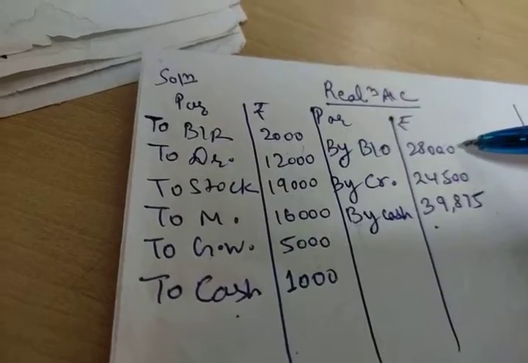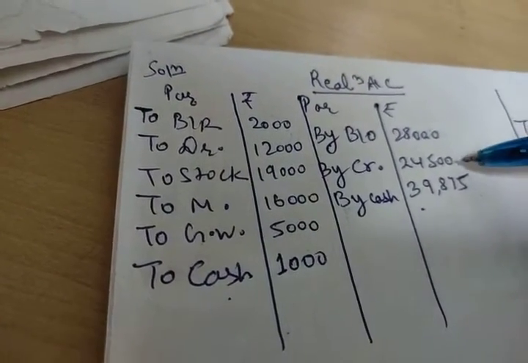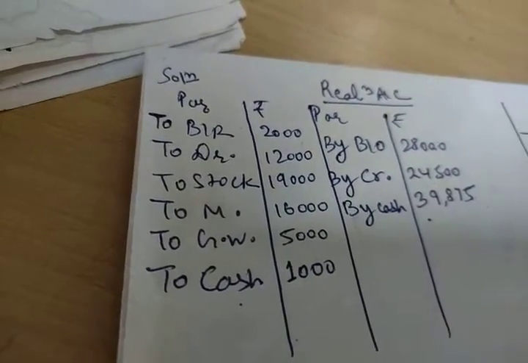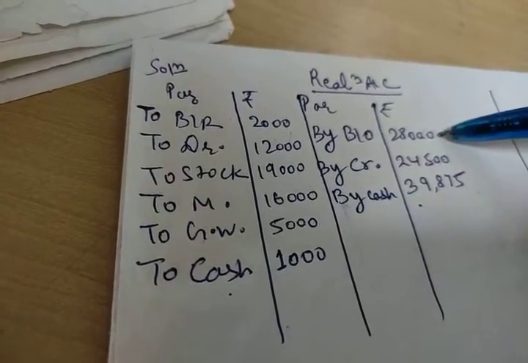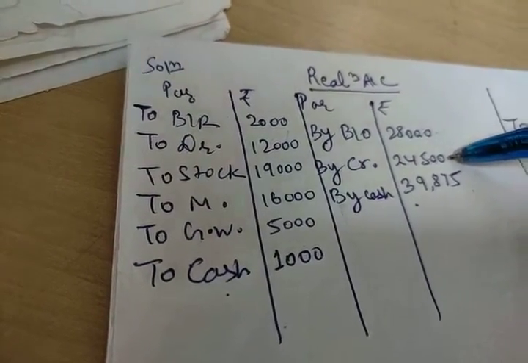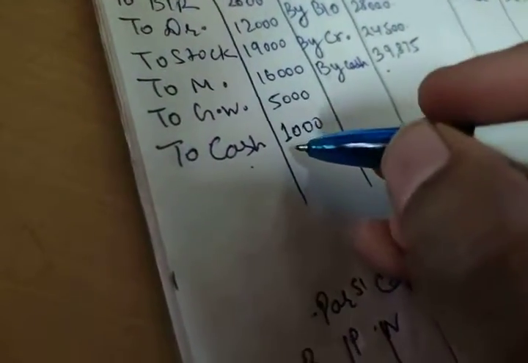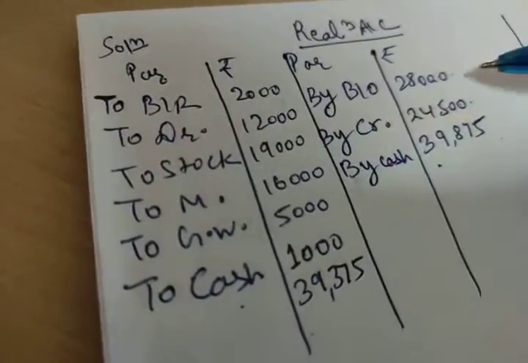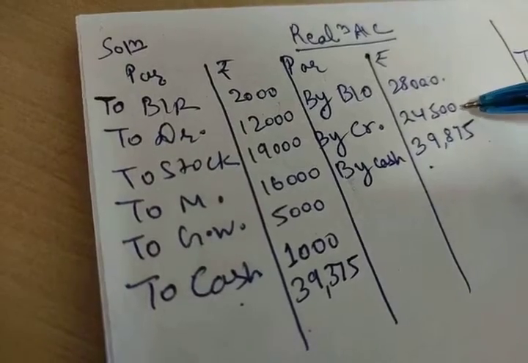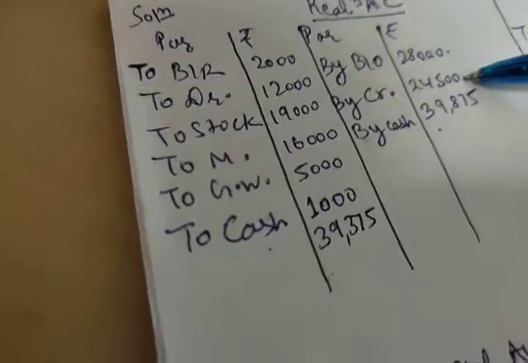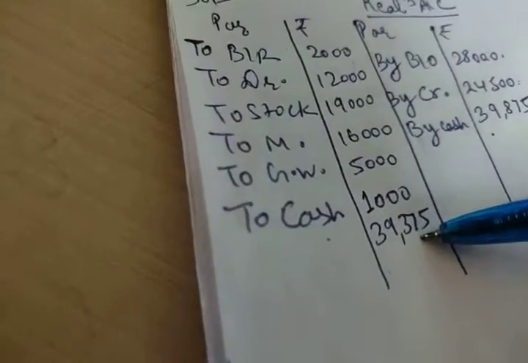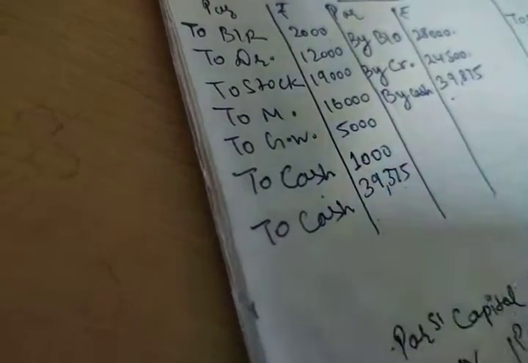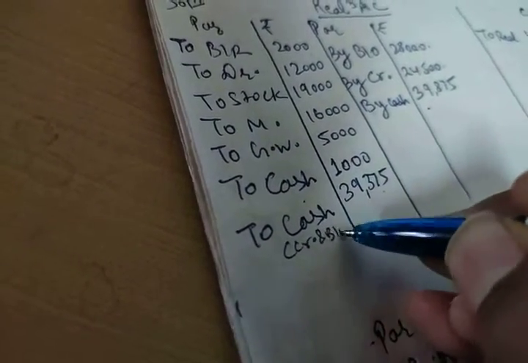So if we calculate 75% of 28,000 and 75% of 24,500, the total amount we are going to get is 39,375. Again I am repeating, 75% of 28,000 and 75% of 24,500, the total of those two amounts is 39,375. That means we have paid to the outside liabilities, that is cash, payment to your creditors and bank overdraft.